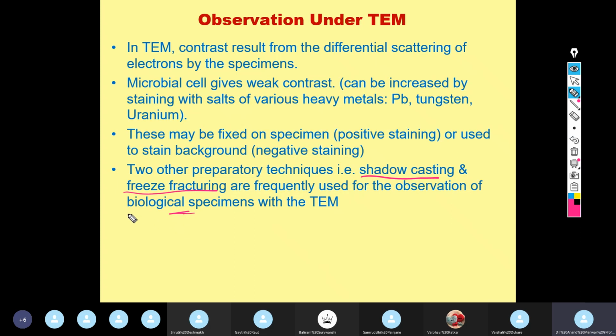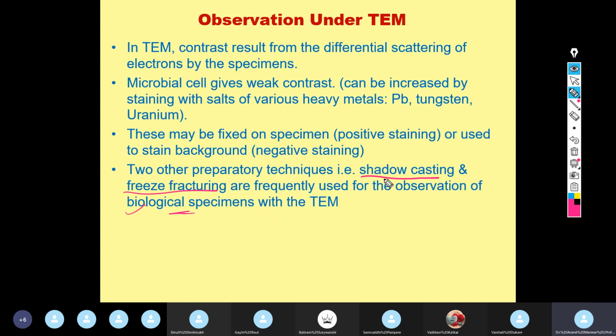Now, shadow casting is a bit costly because here platinum, gold, and silver are used for casting the shadows. So that is a bit of a costly affair also. But freeze fracturing can be done.